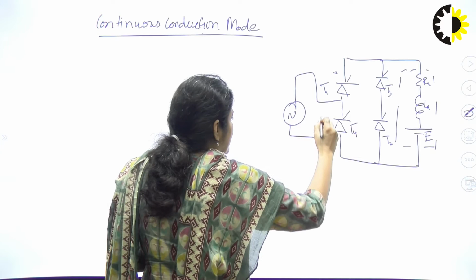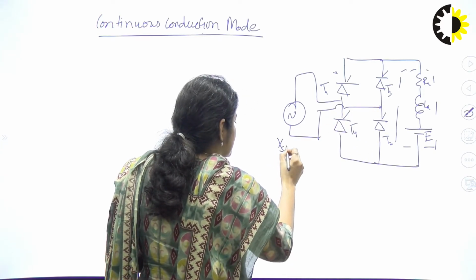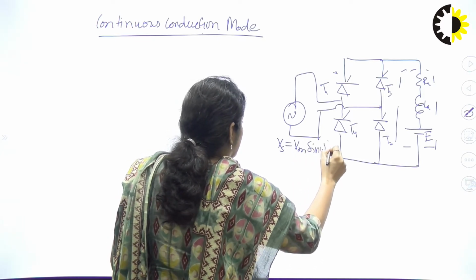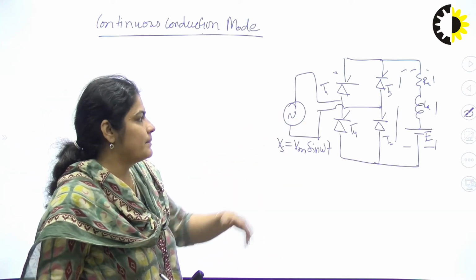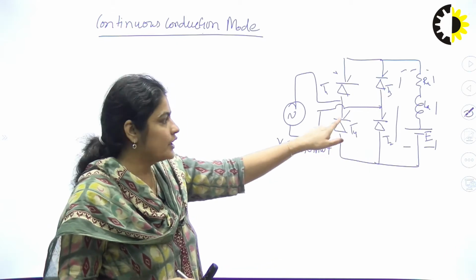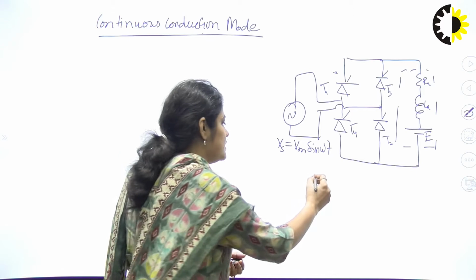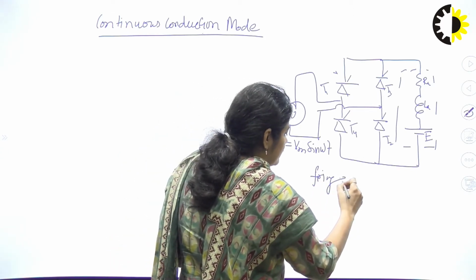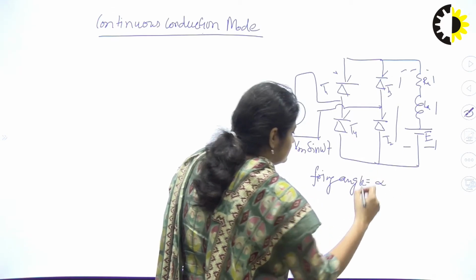When you apply the single phase AC input, suppose Vs is applied here. During the positive half cycle T1 and T2 will operate, and during the negative half cycle T3 and T4 will operate. Suppose the thyristor firing angle is alpha.